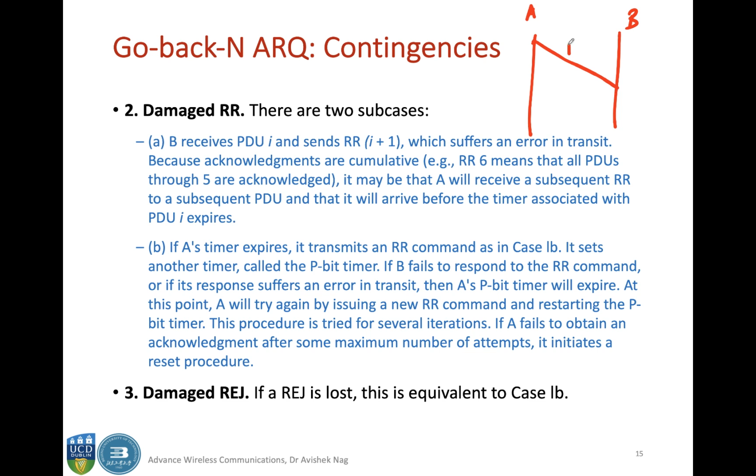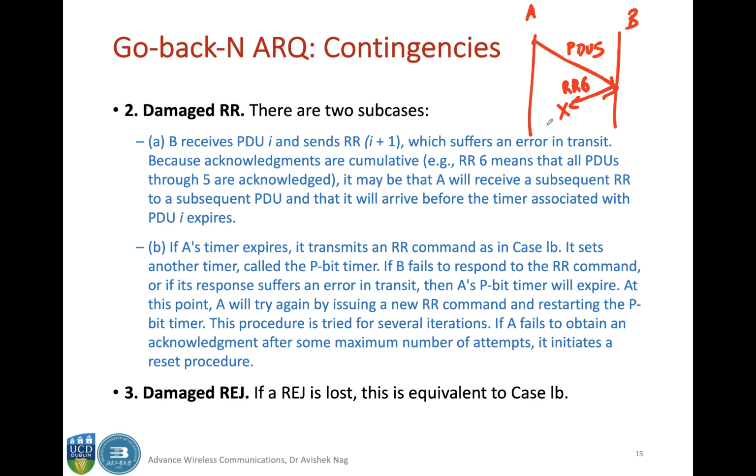PDU 5 is sent by A and it is received by B, and B sends out an RR 6, saying that it has received all PDUs up to 5. So RR 6 means that all PDUs up to 5 have been successfully received. Now let's say this RR suffers an error in transit.